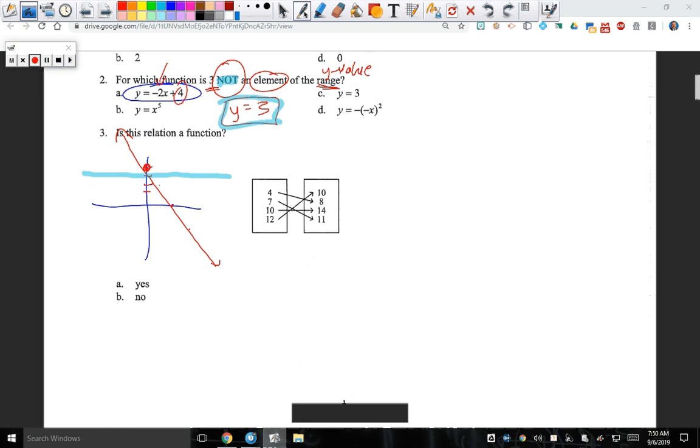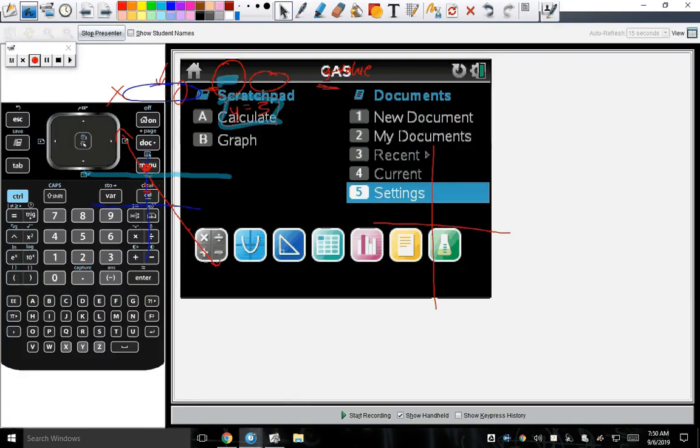So it's not A. If we were to graph x to the 5th, it would look something like this. Actually, let me just show you with the calculator because I might be a little wrong there.